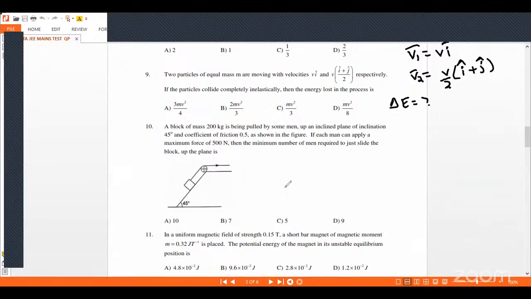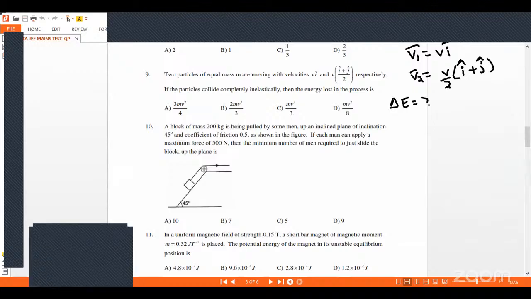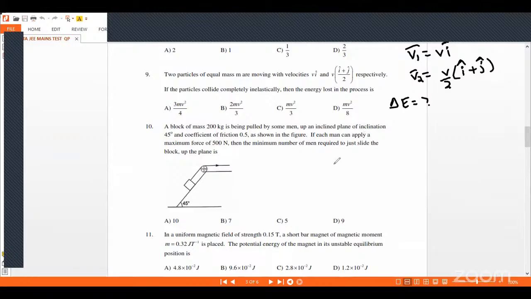In the inelastic collision, momentum will be conserved. So we can say that M1U1 plus M2U2 equal to M1V1 plus M2V2.